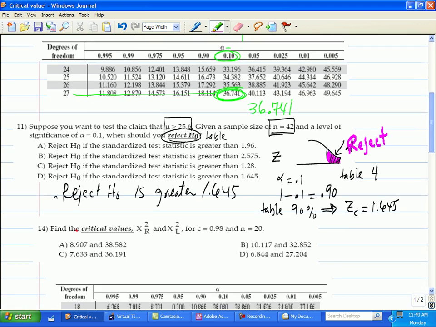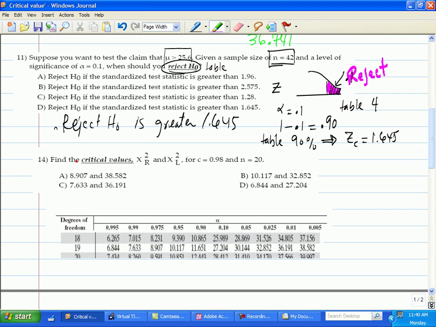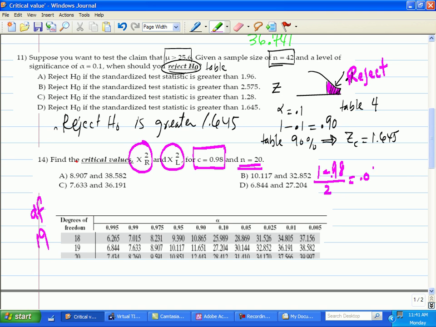Now we have another one, another table 6, finding the chi on the right and the chi on the left, where they gave you n is 20, so therefore we're going to look at the degree of freedom of 19, and they gave you C equal to 98%. They gave me the C, but to find the actual values, because now we need the chi on the left, we're going to say 1 minus 0.98 divided by 2, that's 0.01.